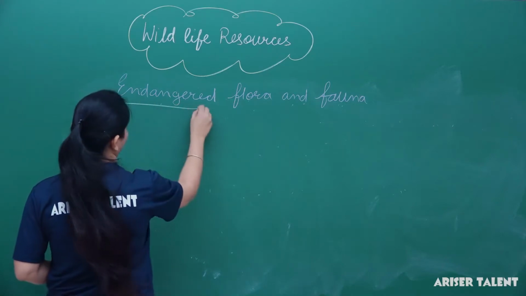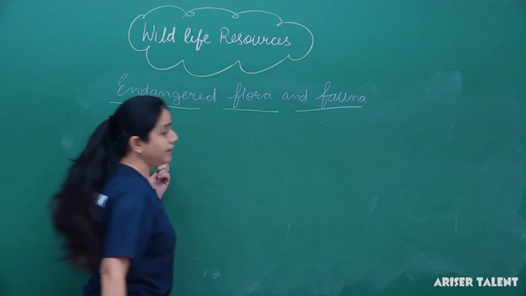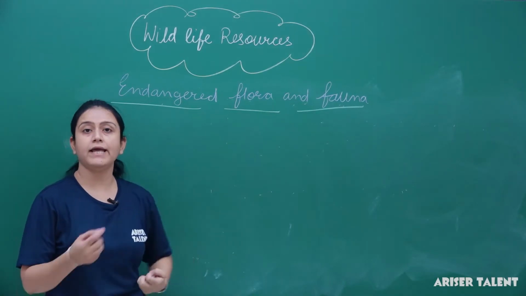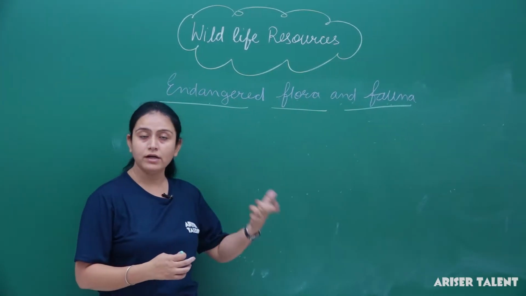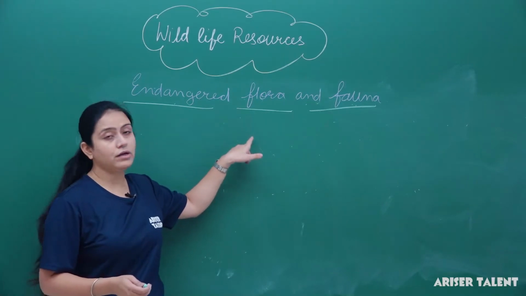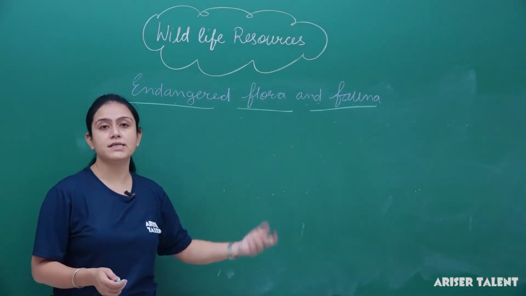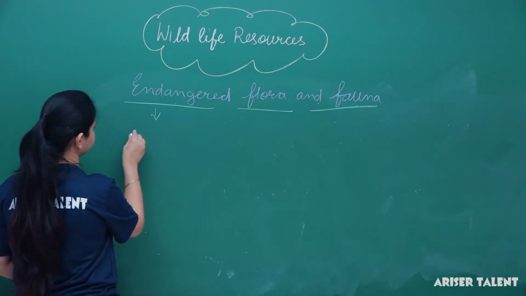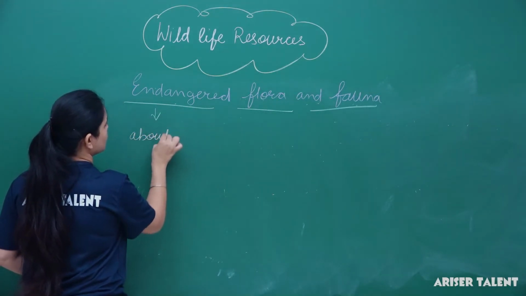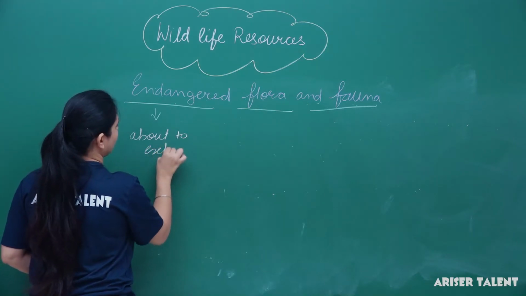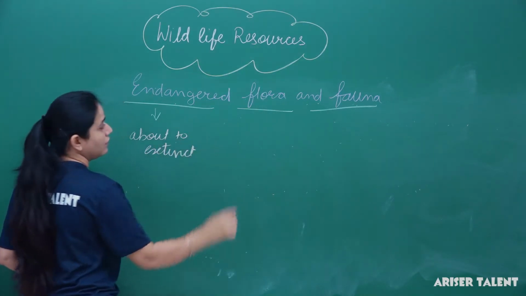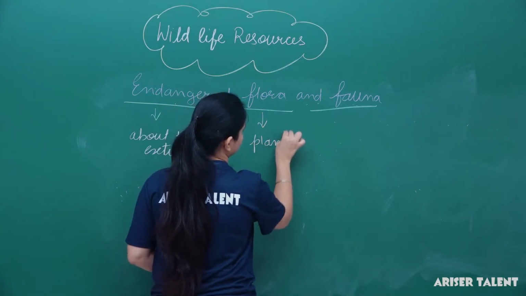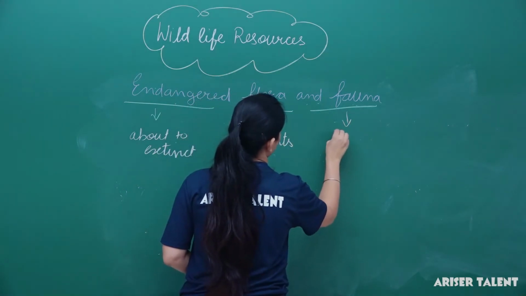What do you mean by endangered? Endangered means they are about to become extinct, and extinct means which have already disappeared. Clear? Flora means plants and fauna means animals. Endangered means about to become extinct.